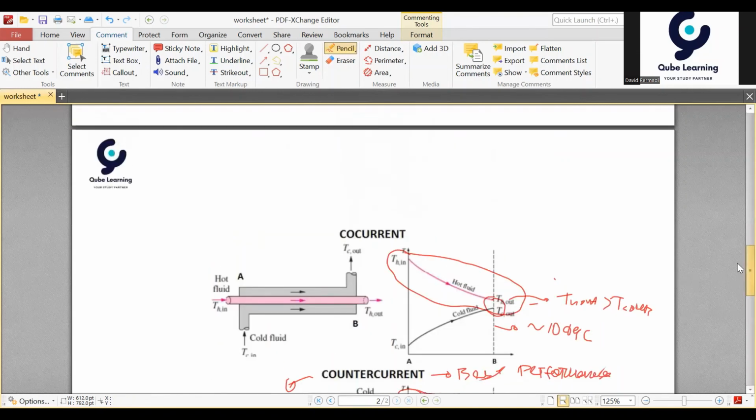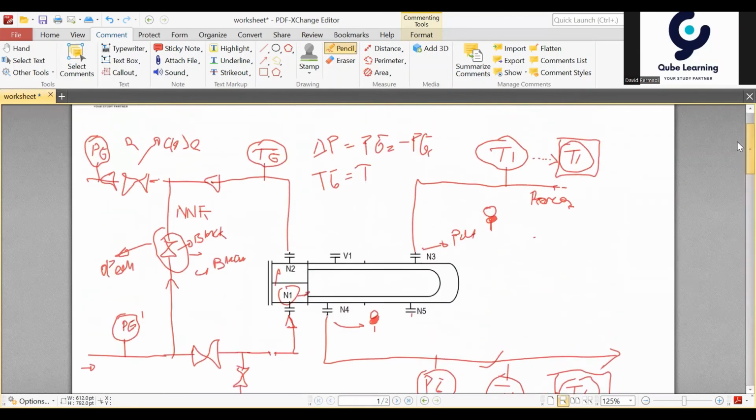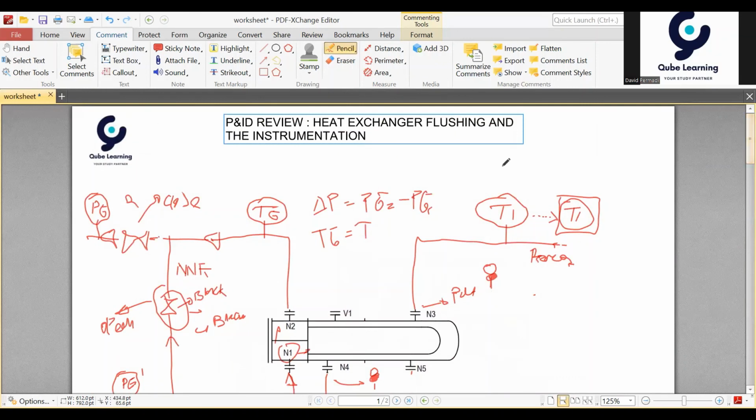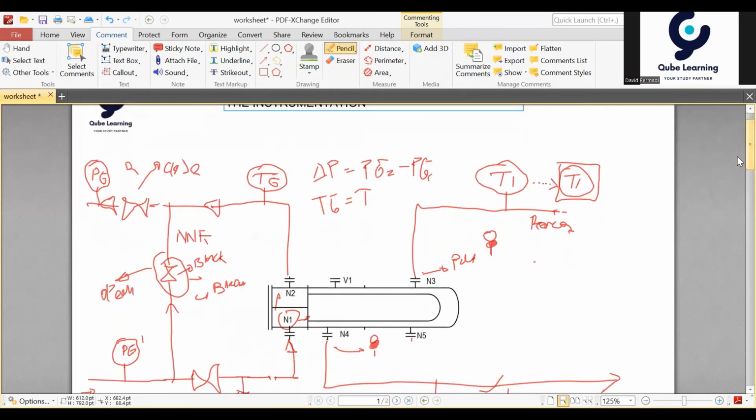So that is how to design your heat exchanger, and how you can accommodate backflushing of your exchanger and the instrumentation. Please note that this material is based on my personal experience.